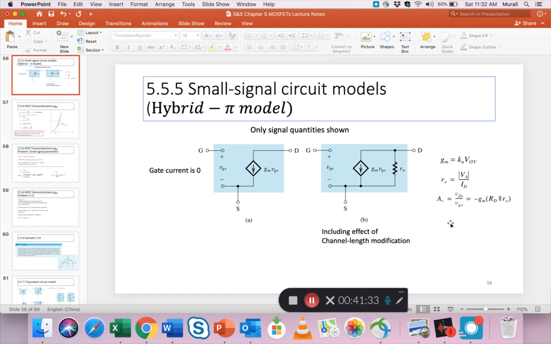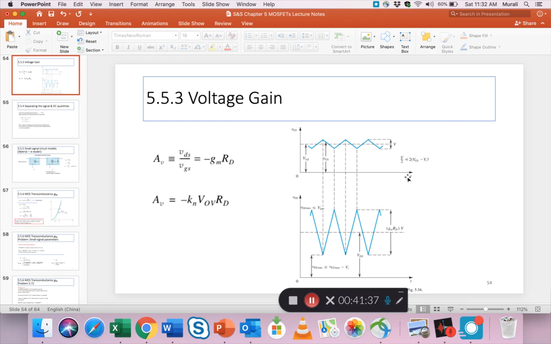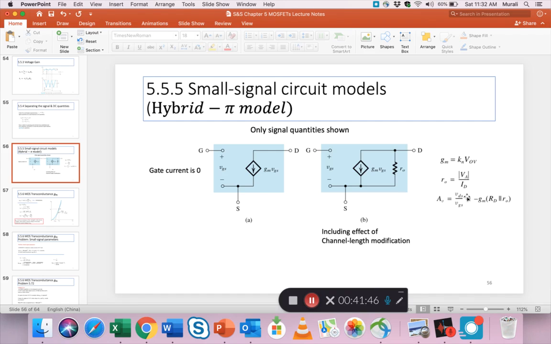So the formula for gain, which was previously a simple formula, AV equals minus GM times RD on slide 54, now becomes modified to be AV equals minus GM into RD in parallel with RO. So assume there's an RD here that's in parallel with RO. So with this we can solve problems both with the effect of channel length modification and without the effect.